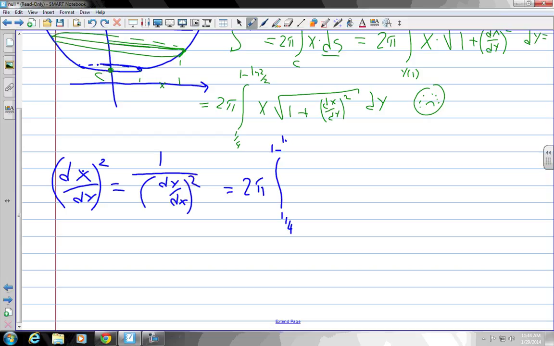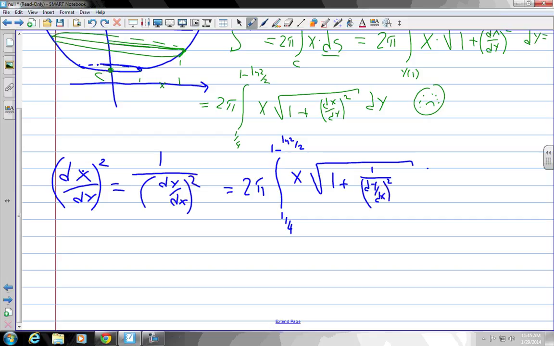1/4, 1 minus ln of 2 over 2, x. Then here I'm going to write 1 plus 1 over dy dx squared.